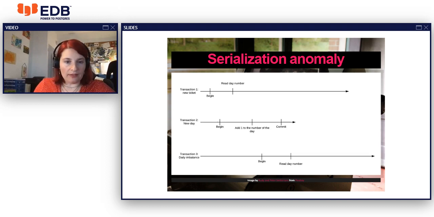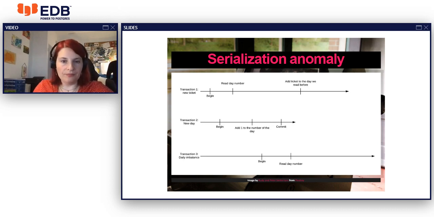And after that, the daily imbalance transaction begins, meaning that when it reads the day number, it will be the number that was incremented by transaction 2.